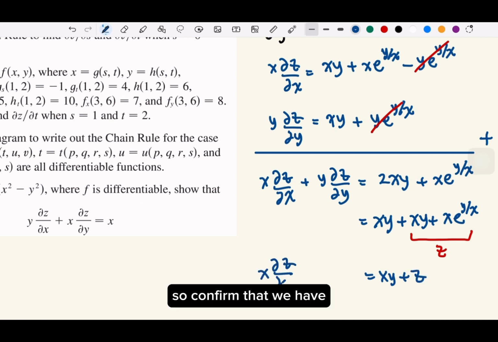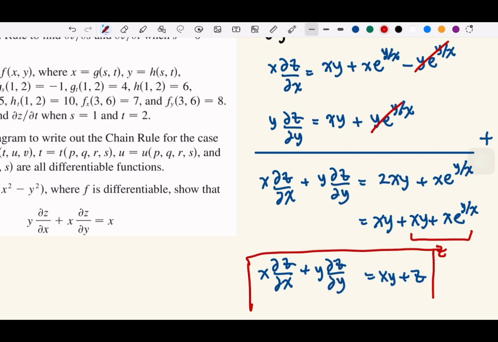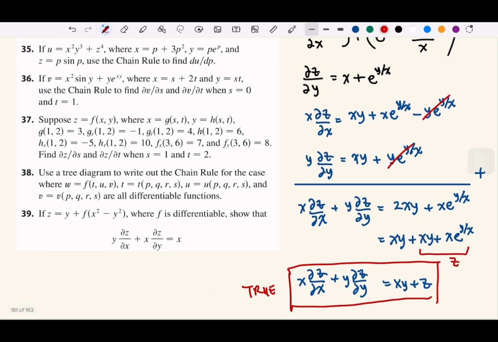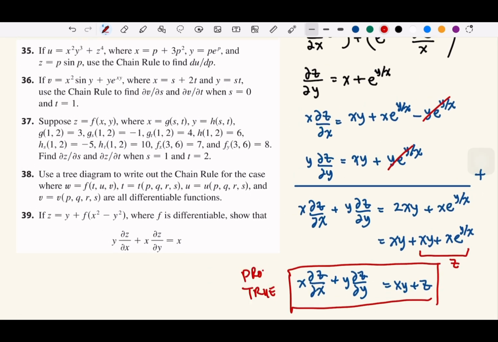So we confirm that we have the correct statement. Okay. So true or proof.